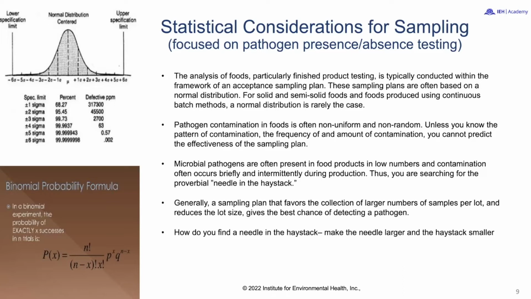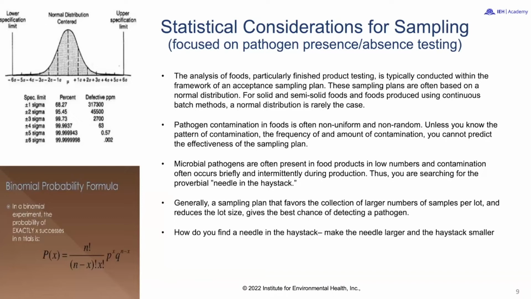You've all heard of this proverbial needle in the haystack that we're looking for when we're trying to find a pathogen that could be in a very small quantity out of, say, a 20, 30, 40,000 pound lot of product. So, there's a lot written about sampling plans when you have a normal distribution, not so much when you don't have a normal distribution.